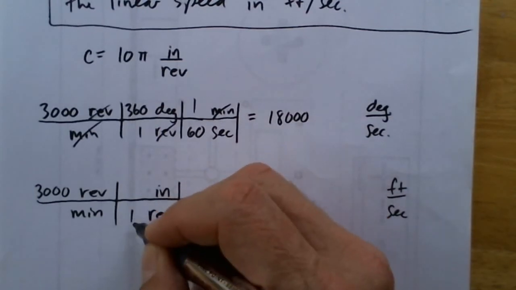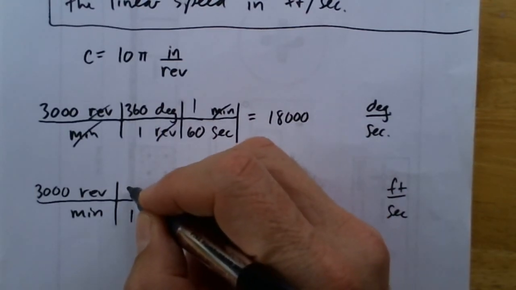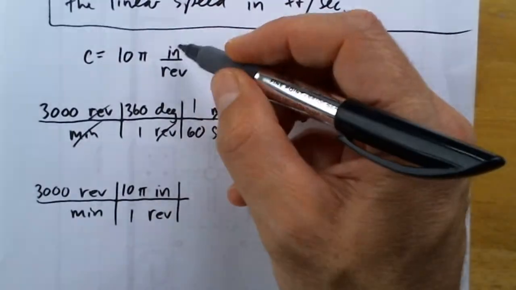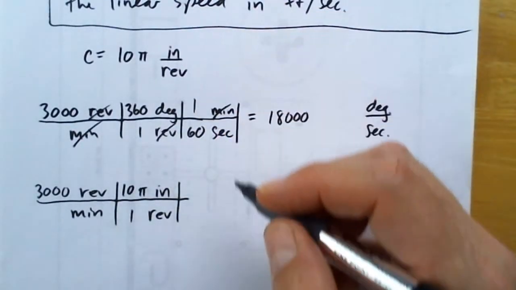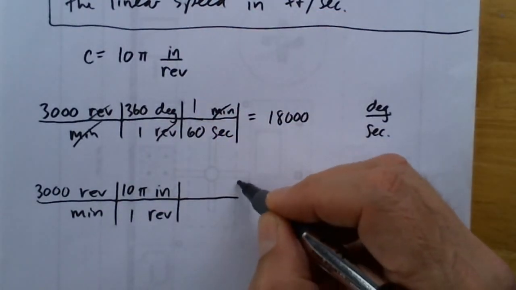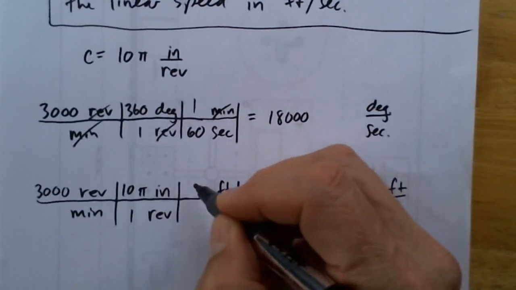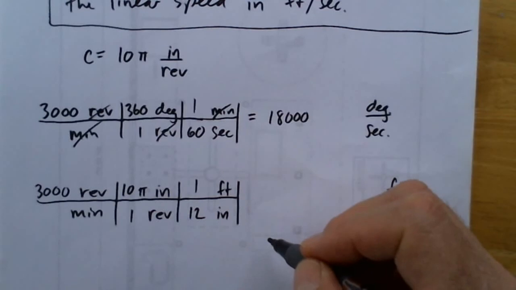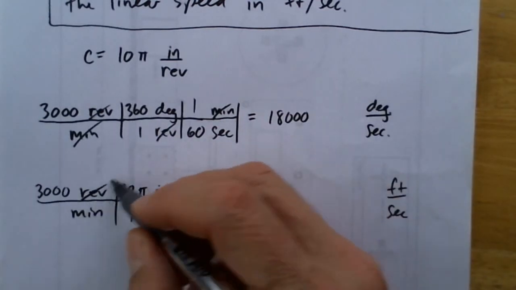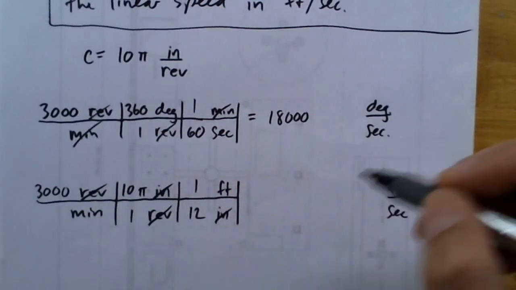So 1 revolution is 10 pi inches, inches per revolution. And then we have to convert inches into feet. 1 foot is 12 inches.